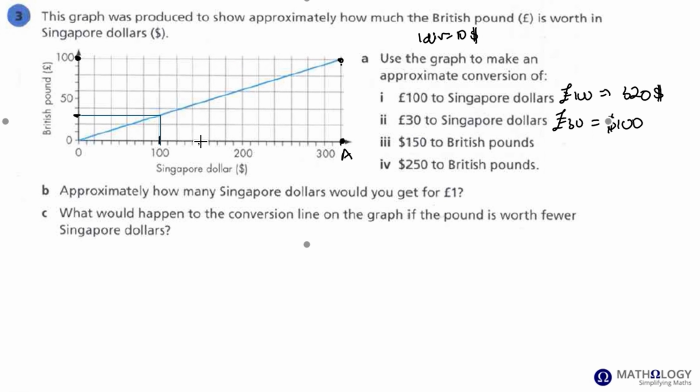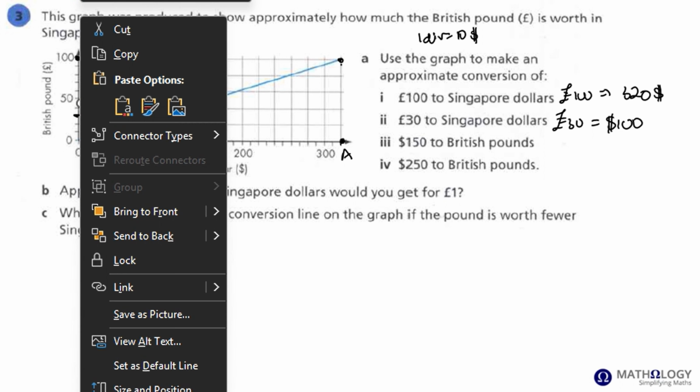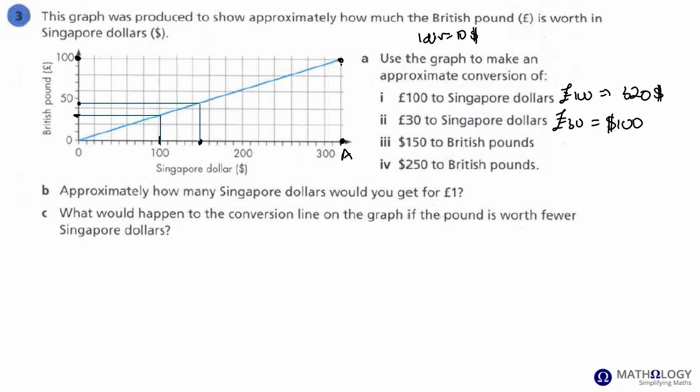Draw a vertical line from that point up to the function, and then a horizontal line across to the y-axis. So 150 Singapore dollars is approximately 45 pounds.